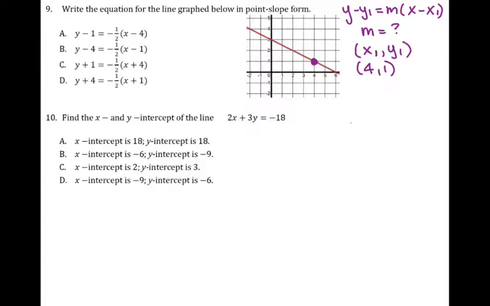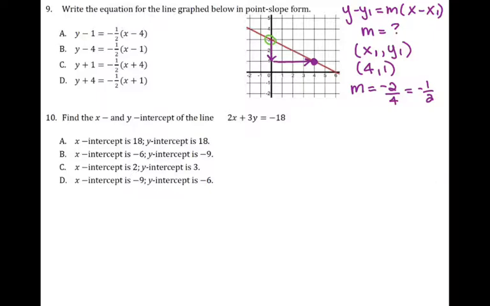And for my slope, I'm going to go ahead and find another point. Let's use this one. And then to get from one point to the next, I am going down 2 over 4. So that means my m is negative 2 over 4, also known as negative 1/2. Okay. Well, all of these answer choices have negative 1/2 as my slope, so that doesn't really narrow down anything.